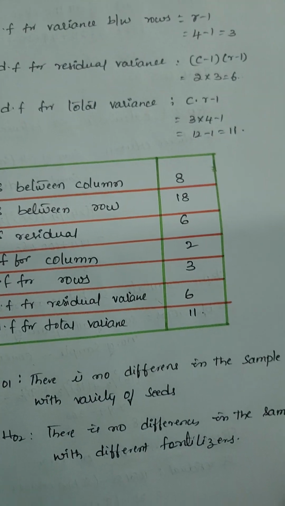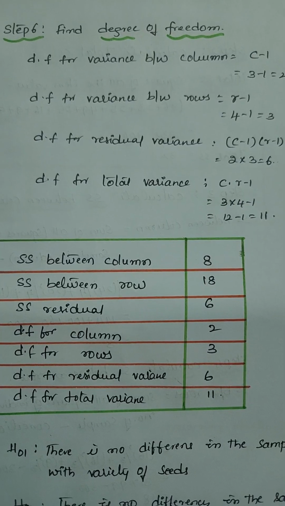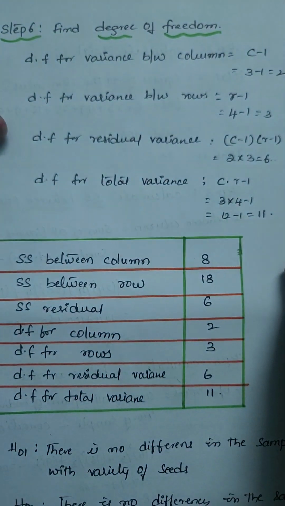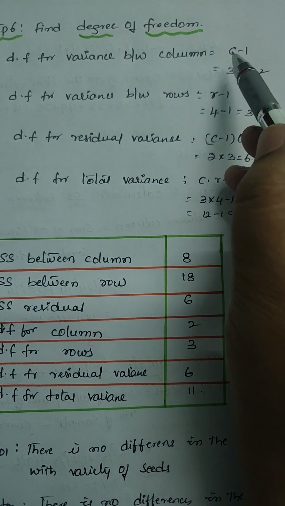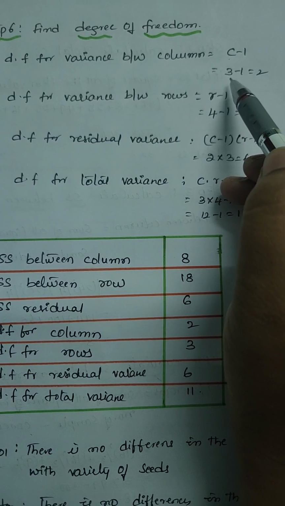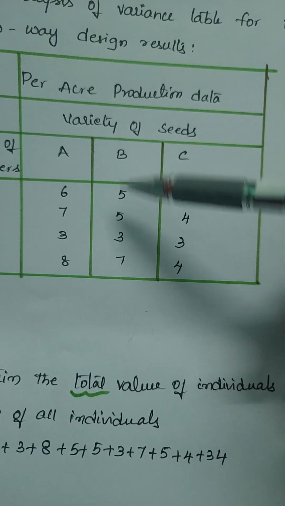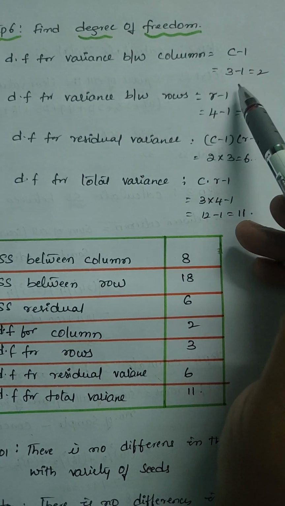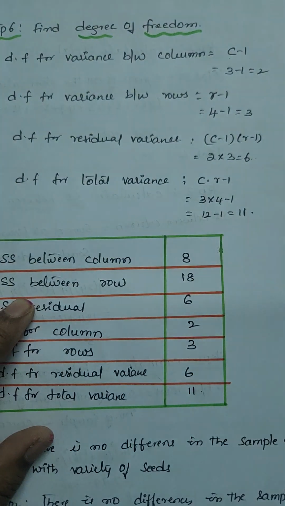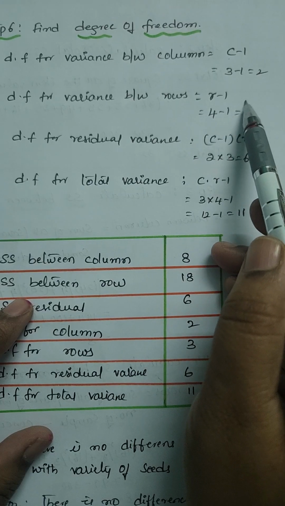Now we will find the degrees of freedom. The degree of freedom for variance between the columns is c minus 1, where c stands for columns. In this problem we have 3 columns, so 3 minus 1 is 2. The degree of freedom for variance between the rows is r minus 1.